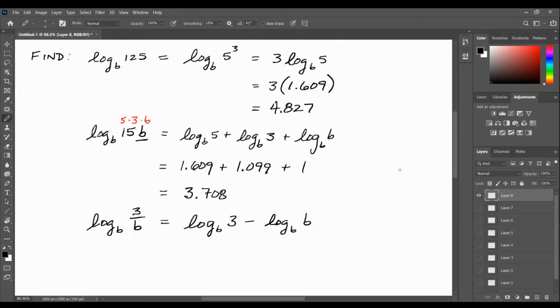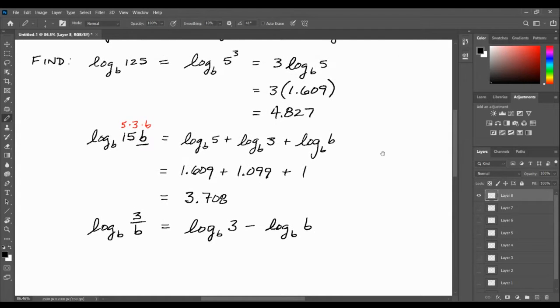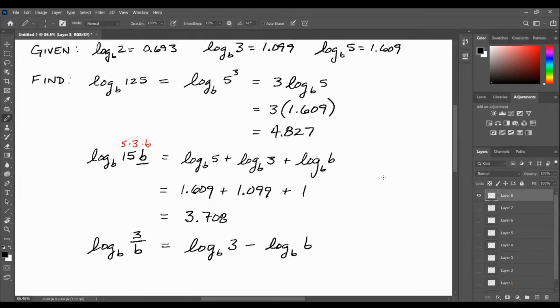I think you're right. Oh, I can't hide the givens, otherwise I can't do the problem. All right. So log base b of 3 we know. That's 1.099. Log base b of b is 1, and that does indeed equal 0.099 as the answer.